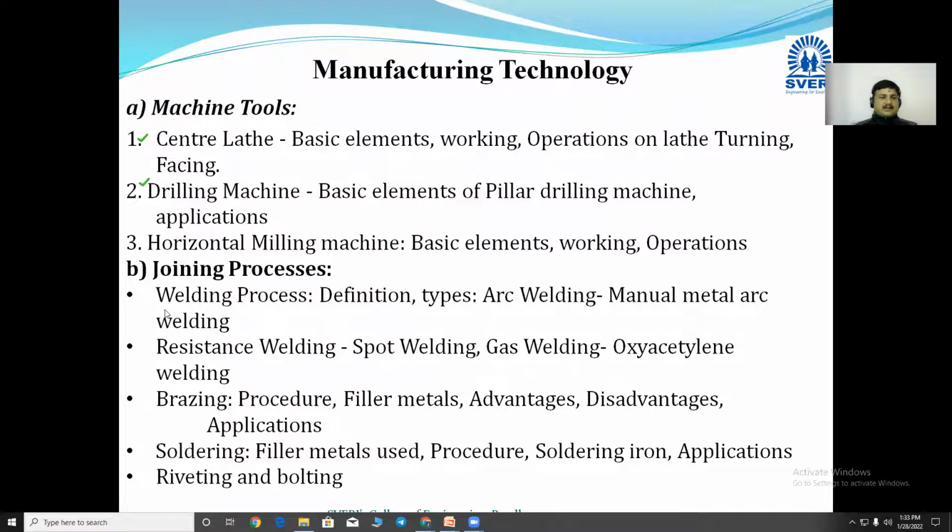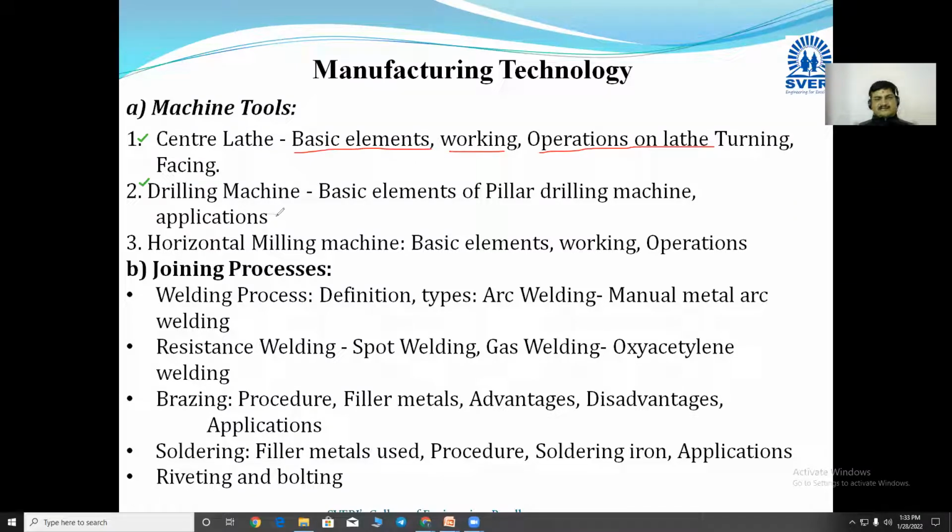In the center lathe, we are going to learn about its basic elements, its working and operations on the lathe machine, like turning, facing, and many applications of it.